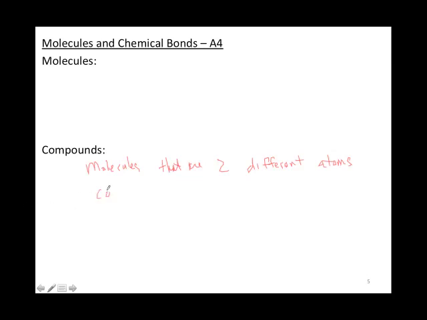So while we can have a molecule of carbon dioxide, a molecule is one instance, the compound itself is carbon dioxide. Glucose is a compound, but if we have one instance of glucose, C6H12O6, that would be a molecule of glucose: 6 carbons, 12 hydrogens, and 6 oxygens.